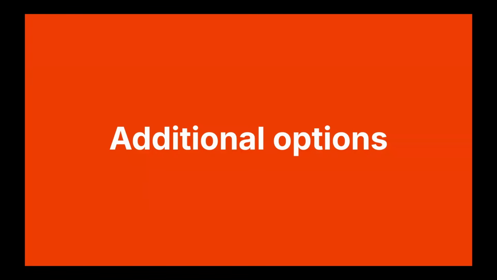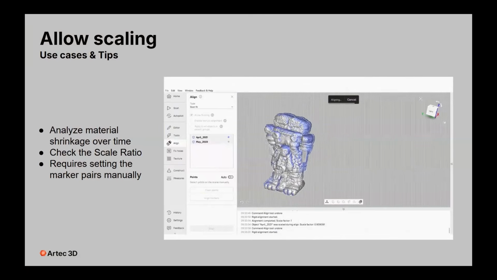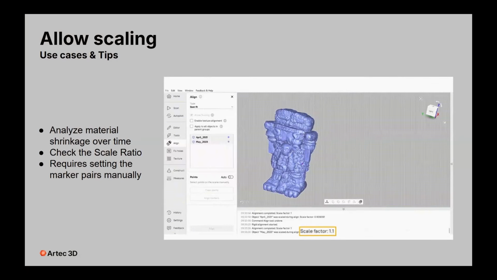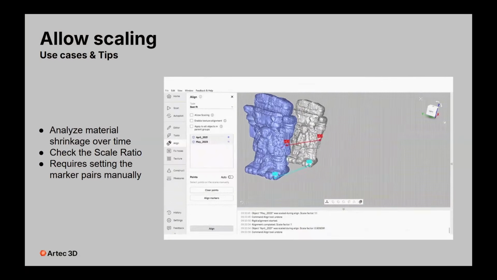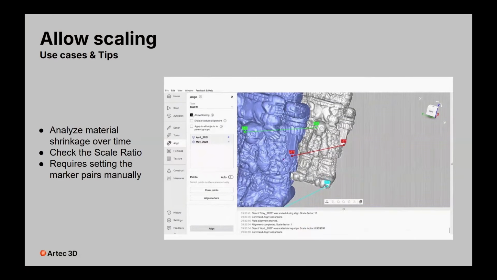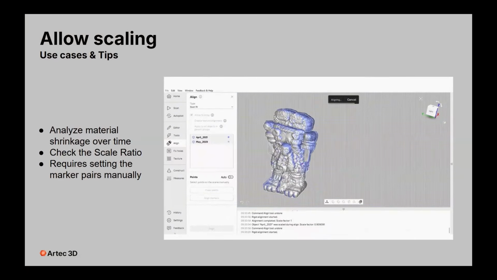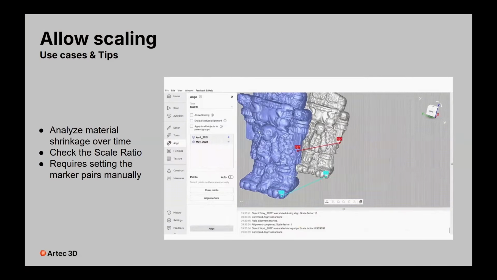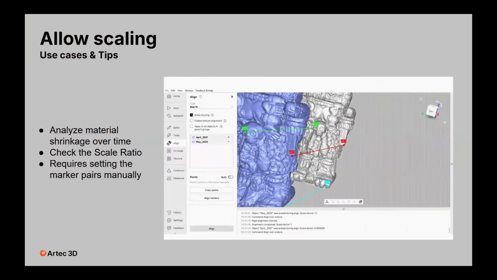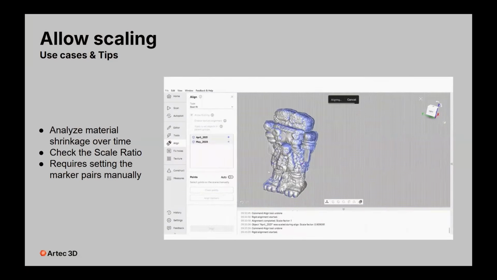Now let's talk about some of the additional options which we have in the alignment. They can be pretty useful depending on your use case. So first, let's talk about a really interesting application for the allow scaling mode. We have a checkbox at the top of the alignment, which is called allow scaling, as the name suggests.